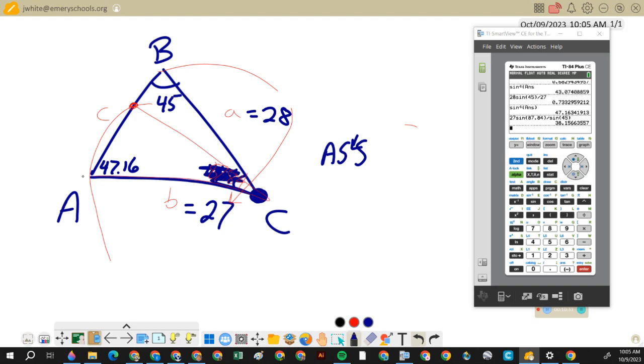Okay. This triangle right here is isosceles. This side is 27, so this side is 27. Does everybody see that? Now, all isosceles triangles have two equal angles, which means this angle here is also 47.16.